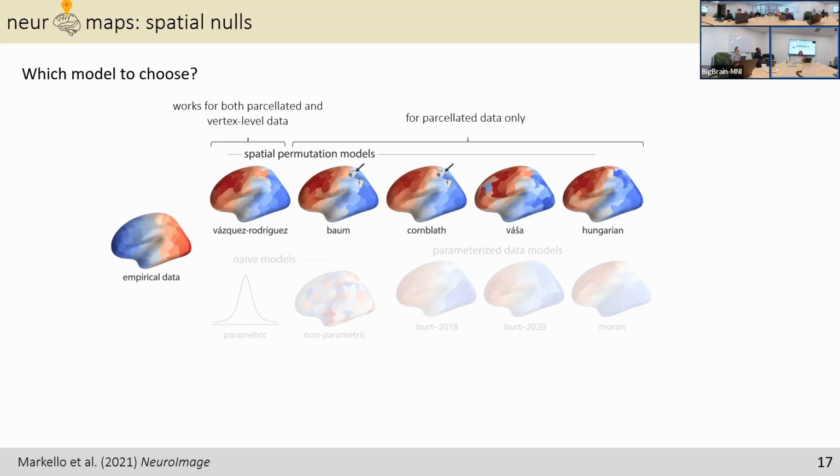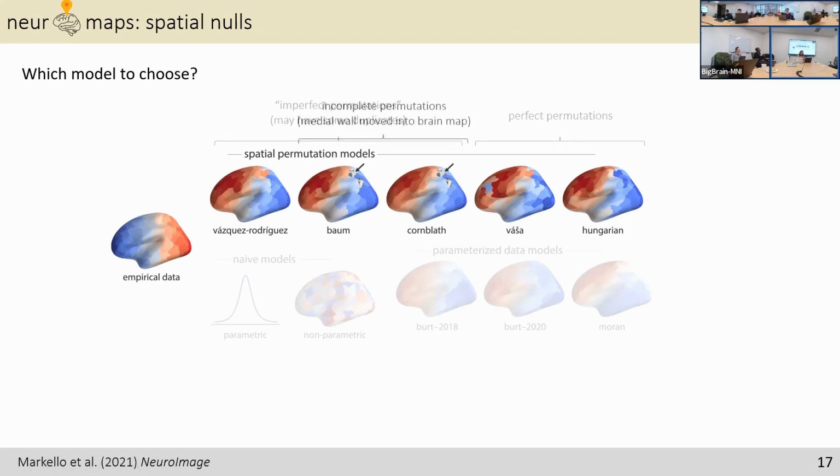The only one that works for vertex level data is the Vasquez-Rodriguez, which is also the original one from Alexander-Bloch, who developed this idea of the spin test. It's basically the one I've talked to you about: you take the vertex map you have, you project it, you rotate it, and you project it back. This is the original one, and these other ones are alternative models that only work for parcellated data.